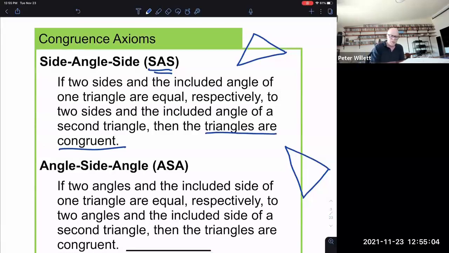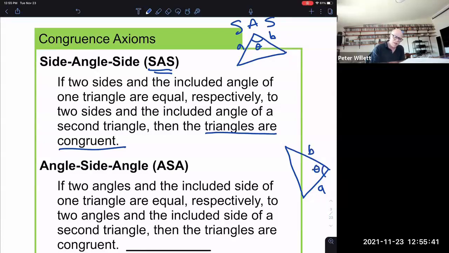What this axiom is trying to tell us is that if I know side A in this triangle and side B in this triangle, and I know the angle between them, theta. So that's side, angle, side. Then if in the other triangle I can find that same triplet, like if I can find out that in this triangle over here, this is side A, just like in the first one, this is side B, that's the same as in the first one, and the angle between these is also theta.